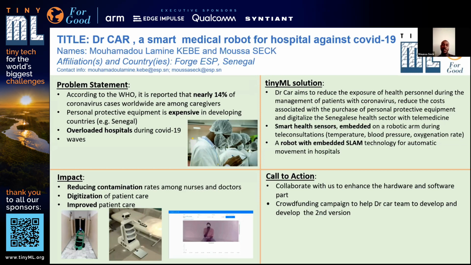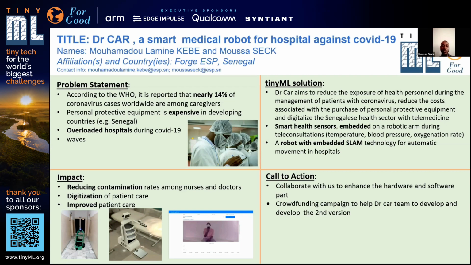So for the tinyML solution, in our robot, we have an embedded smart health sensor in the robotic arm. So the doctor can consult the patient remotely. With the sensor, he can take the temperature, the blood pressure, and the oxygenation rate of the patient.